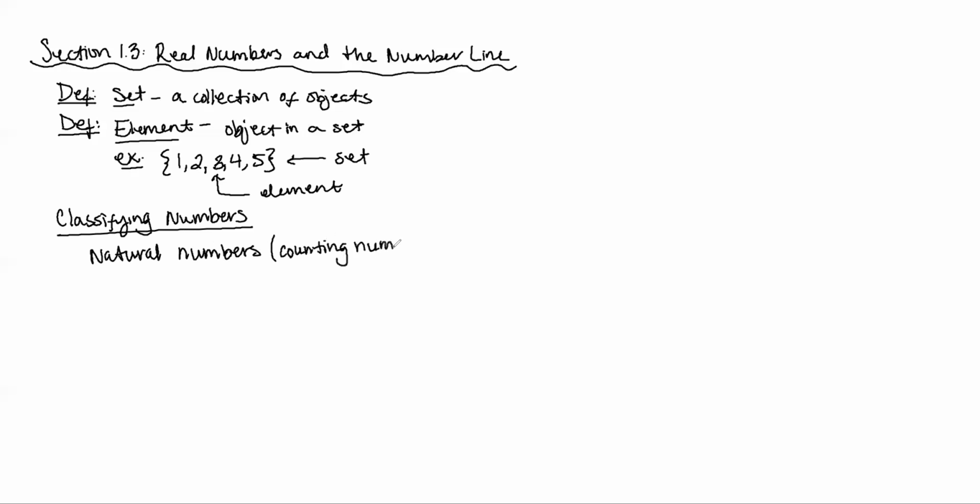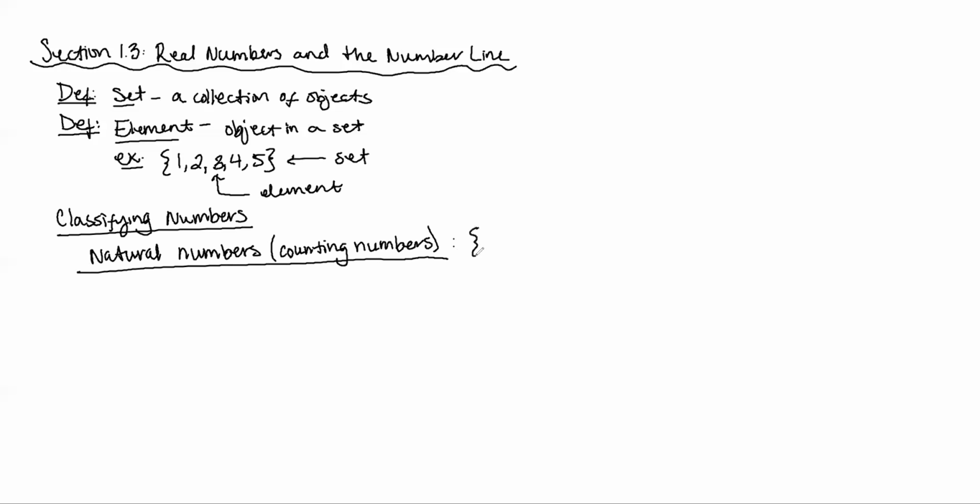And so the reason why they're called the counting numbers or the natural numbers is because it's what we naturally use to count objects.